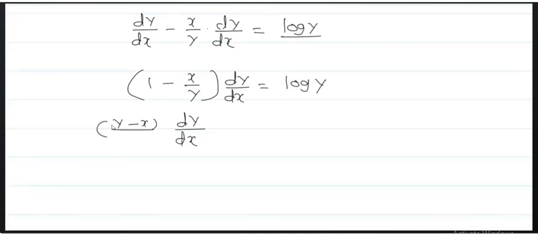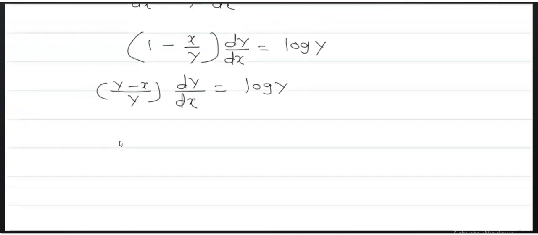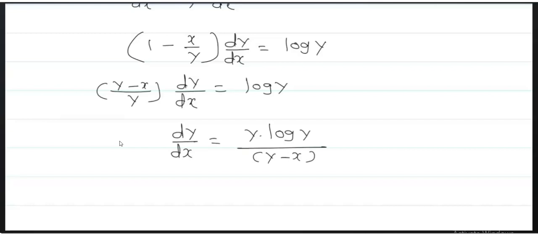If you simplify, then you will get y minus x upon y into dy by dx is equal to log y. Therefore, dy by dx is equal to y log of y upon y minus x.